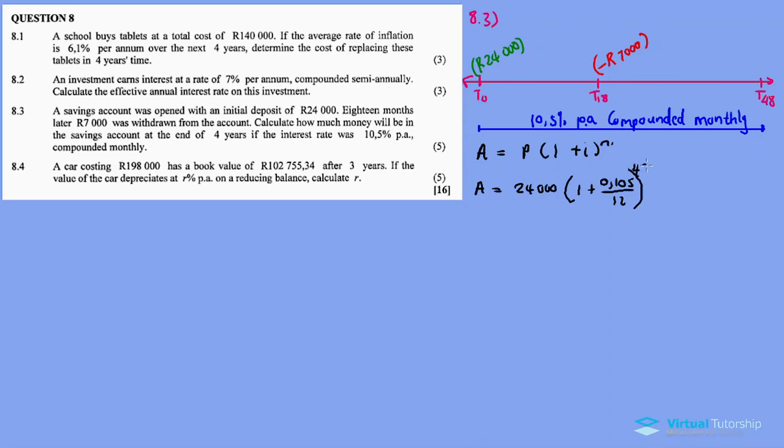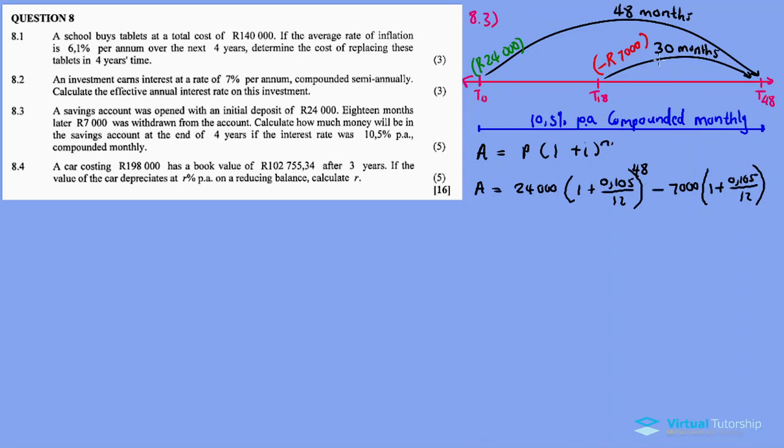So lana it's 48 minus 7,000 rand. Why am I minusing? It's a withdrawal. This 7,000 rand, it's a withdrawal. So subtract, it's going to be 1 plus 0.105 divided by 12 raised to exponent 30 months.